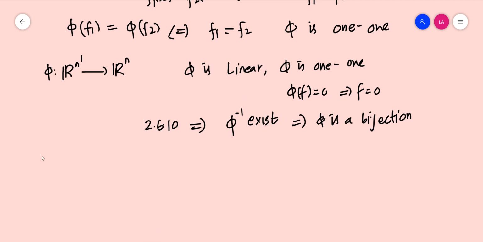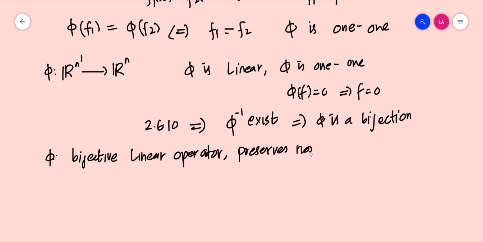So, our operator phi is actually a bijective linear operator which preserves norm, which implies that phi is an isomorphism.